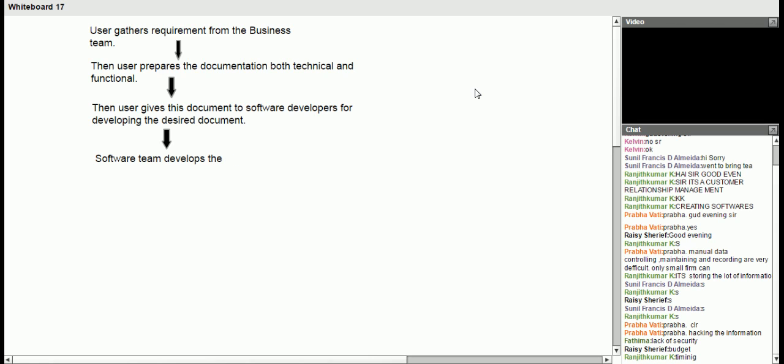You can say it a software, or a software code, or you can also say coding.